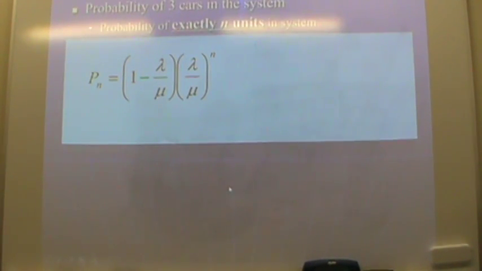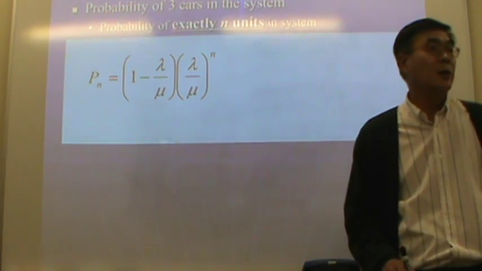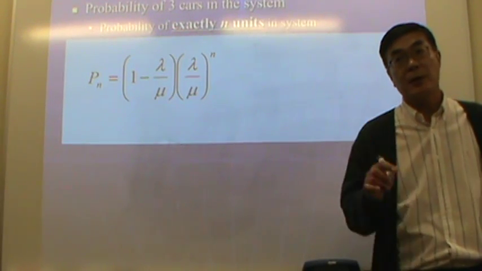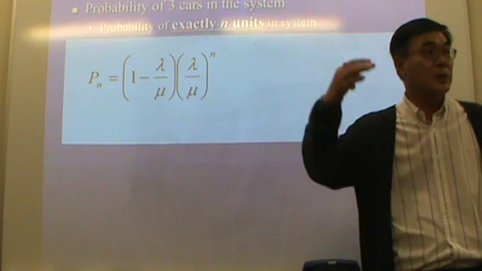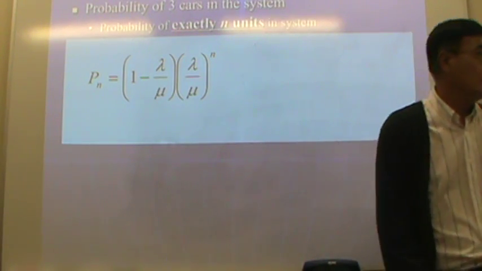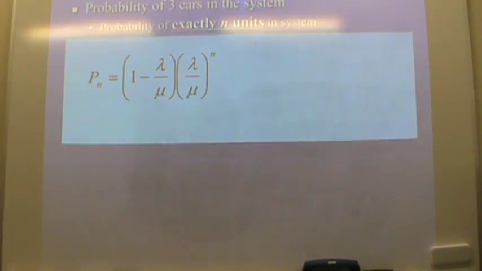And something about probability, because the arrival rate and service rate are variable, not constant. So sometimes 3 customers, sometimes 4 customers, and so on. The probability of n customers in the system is 1 minus lambda over mu, this is the utilization rate, times the utilization rate to the n power.